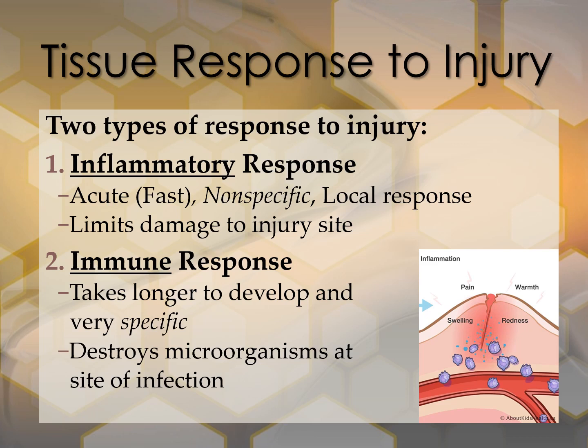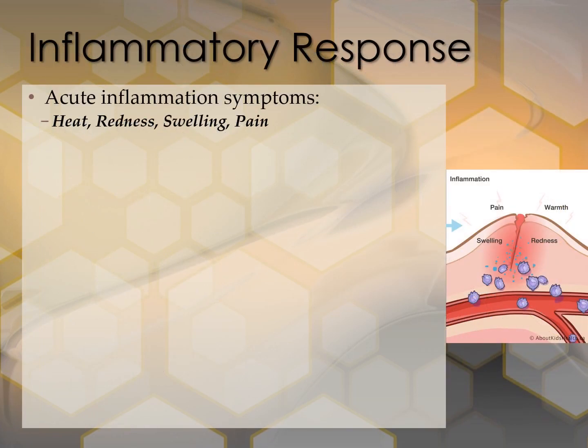Then that immune cell that is responsive to that bacteria is going to mount an immune response to destroy that one type of microorganism. It's very effective and very good at its job, but it takes a lot longer to develop, and it's very specific to that type of microorganism. So that's the difference between inflammatory and immune responses.